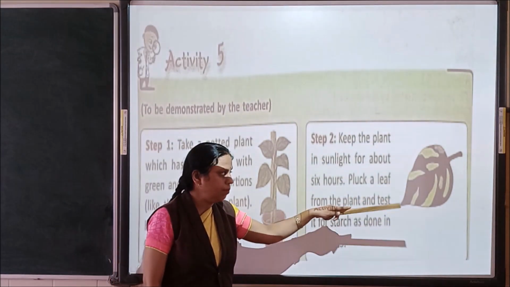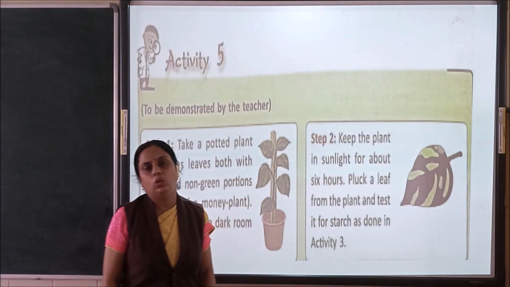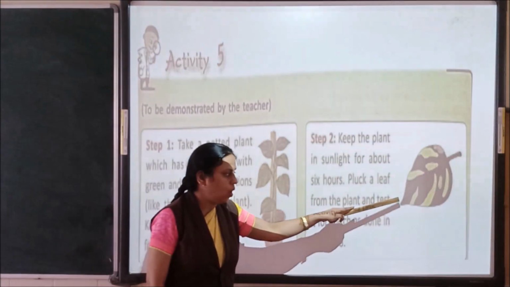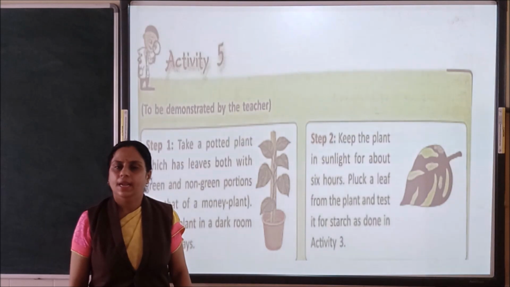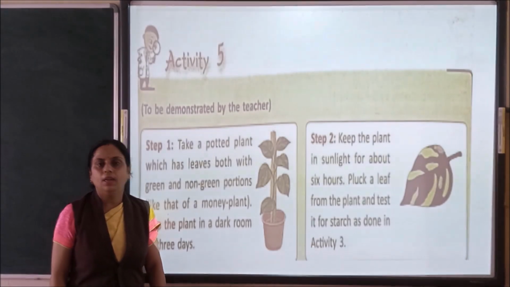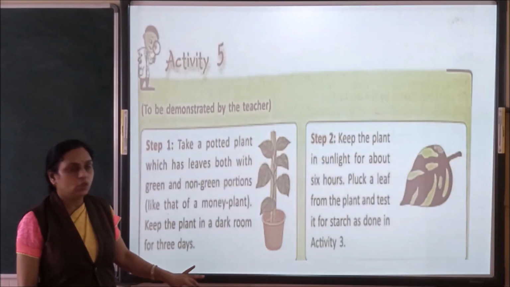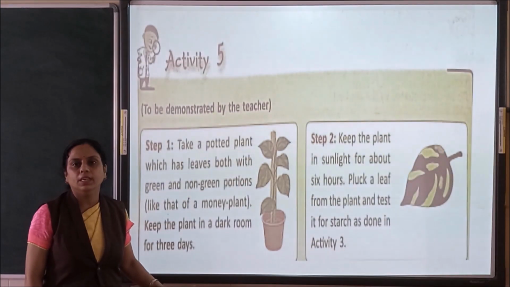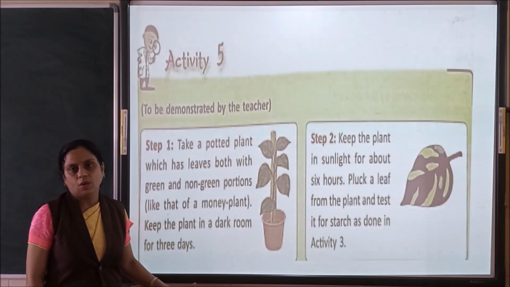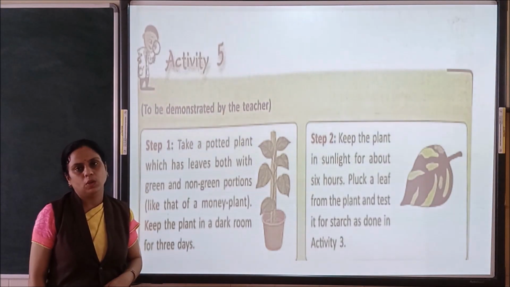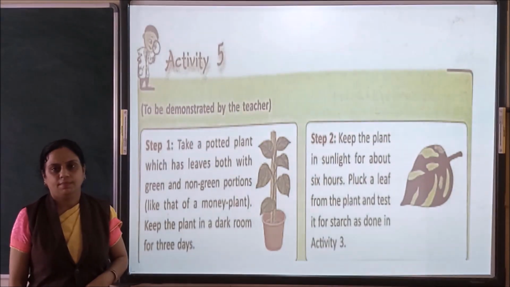Where there was the green portion, it turns blue-black, and the non-green portion remains as it is. So this shows that chlorophyll is also necessary for the process of photosynthesis.